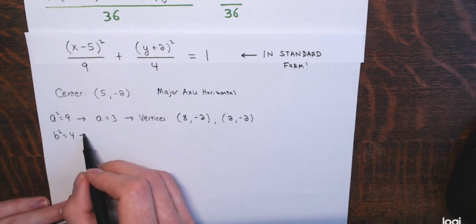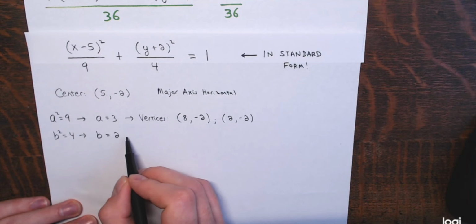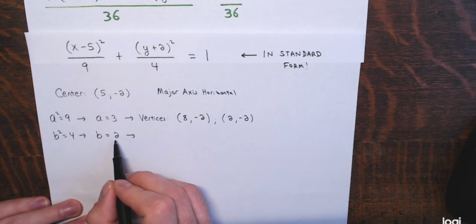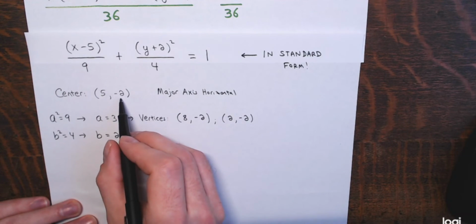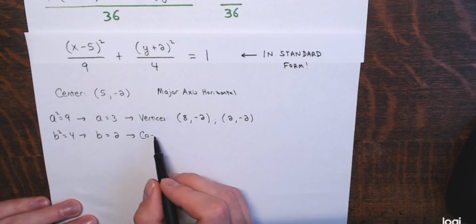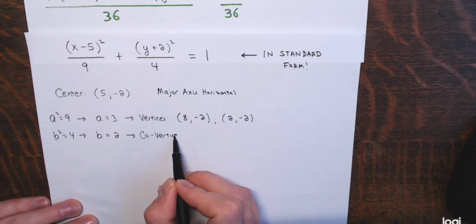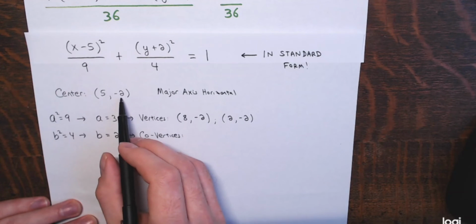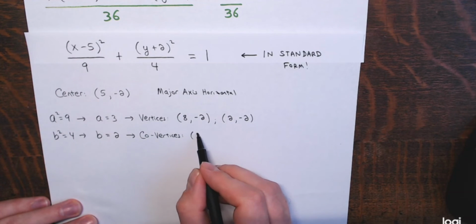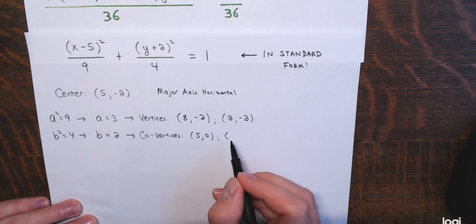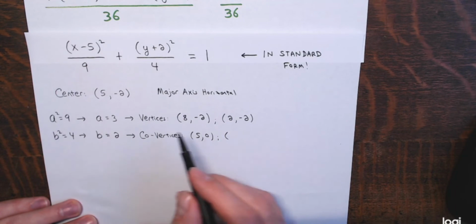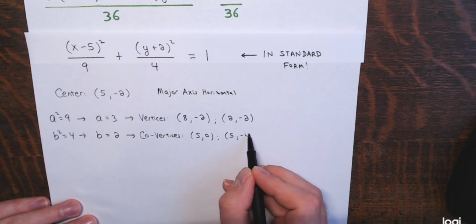So b is 2. And I'm going to add and subtract this to the y-coordinate of the center for the co-vertices. The minor axis would be vertical if the major axis is horizontal. So negative 2 plus 2 is 0, so you get 5, 0 for one of the co-vertices. Negative 2 minus 2 is negative 4, so 5, negative 4 for another co-vertex.